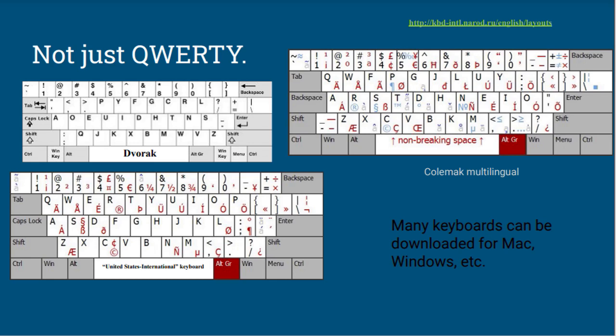Dvorak is one of the more common ones, and you can see that the home row, AOEUI, is different than our standard keyboard, and that's because many people believe that the Dvorak model is more efficient. People have the most frequently used keys on the home row and the keys that are more often used on the stronger fingers.